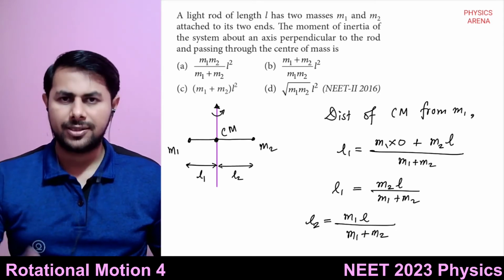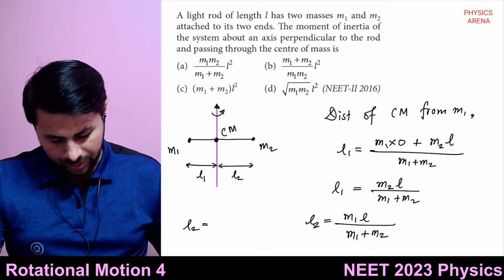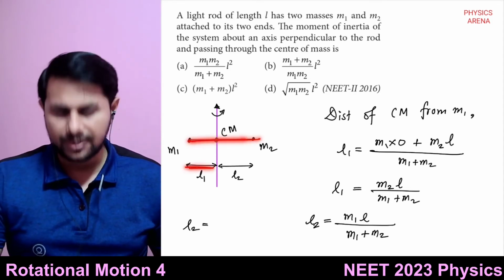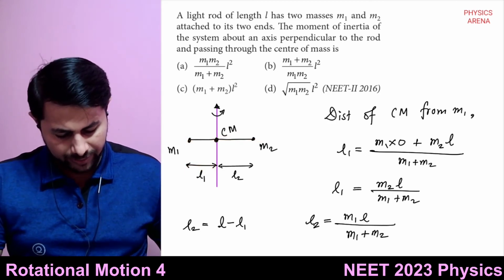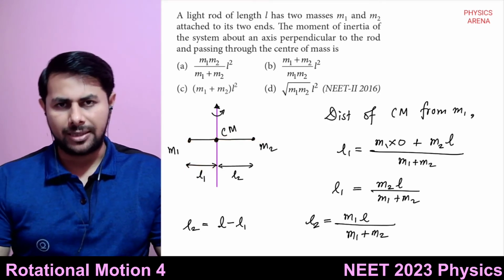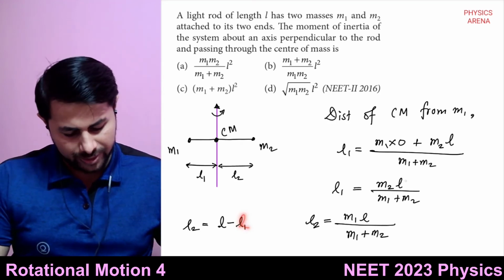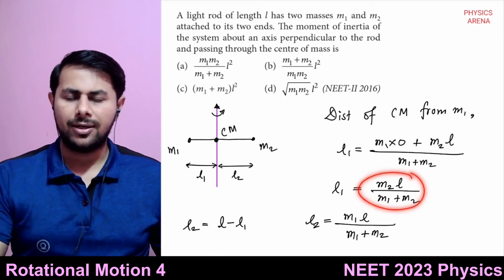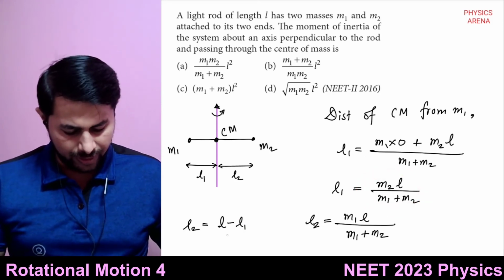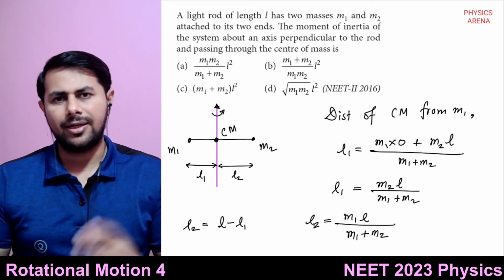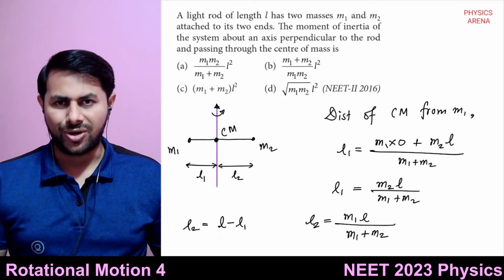Or you can find it as the total distance minus L1, so L minus L1, but that would be a waste of time, as you would put L1 equal to m2 L upon m1 plus m2, then make the denominator the same and do the subtraction.